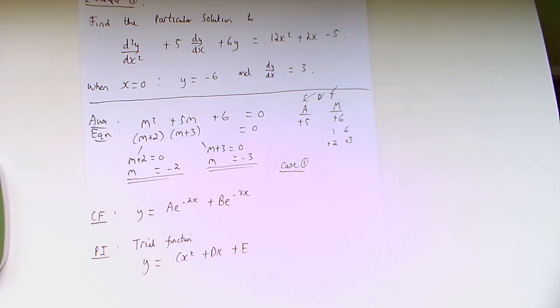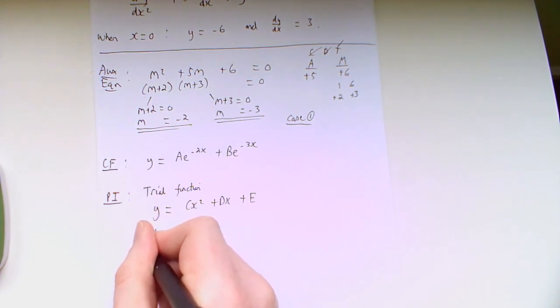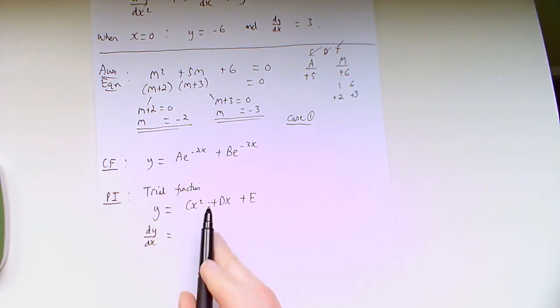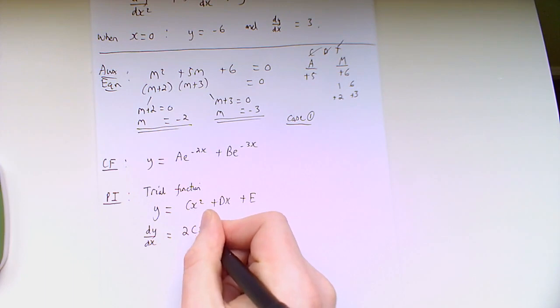Now remember, and this is the bit that people struggled with when we're doing general solutions, that c, d and e are just numbers. So you just imagine c is 2, d is 3, e is 4, something like that, and differentiate it as if that's what's happening. So dy by dx. If that was 2x squared, the 2 would come down to the front and make it 4. So here it's going to be 2cx.